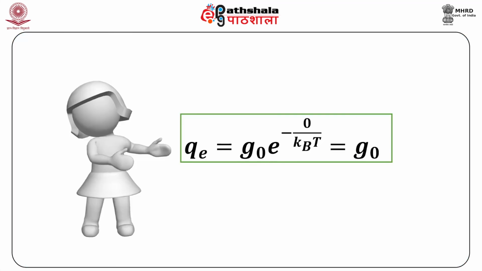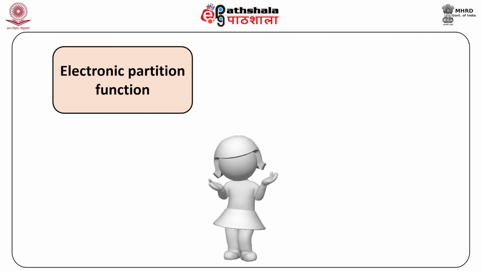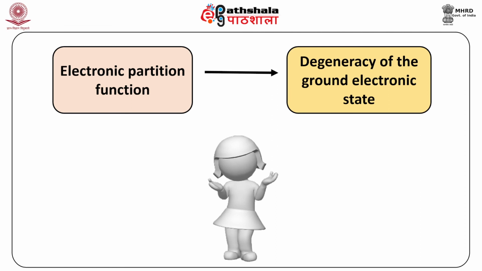So all will be measured relative to the same scale, and therefore once this becomes 0, the electronic partition function will become QE equal to G0 e to the power minus 0 upon kB T, that is G0. That means the electronic partition function is equal to the degeneracy of the ground electronic state.